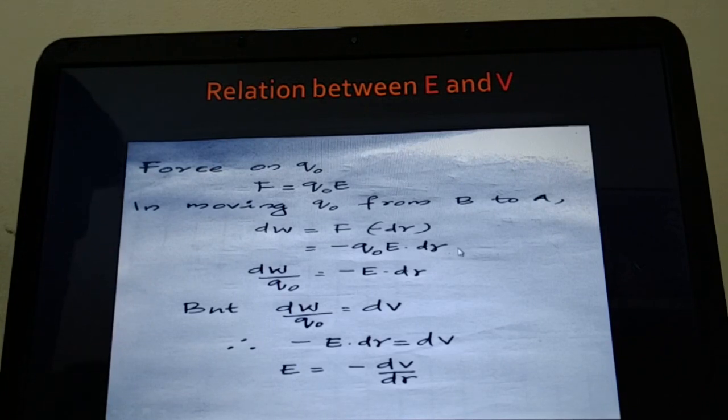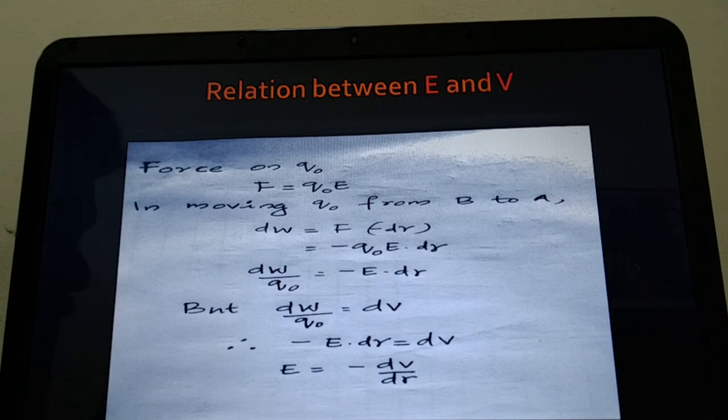Okay, what we have done, we shifted plus q0 amount of charge from one point to another within an electric field. Now we can remember the definition of potential and keep it in your mind. We have moved a charge from one point to another within an electric field.